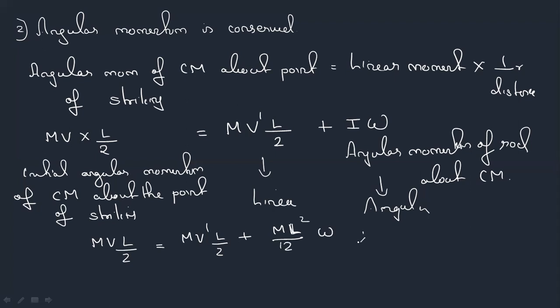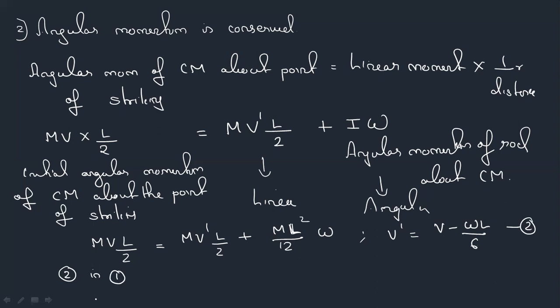Cancelling m, L by 2 and the 12, we get v dash is equal to v minus omega L by 6. This is equation 2, and we need to substitute it in equation 1.